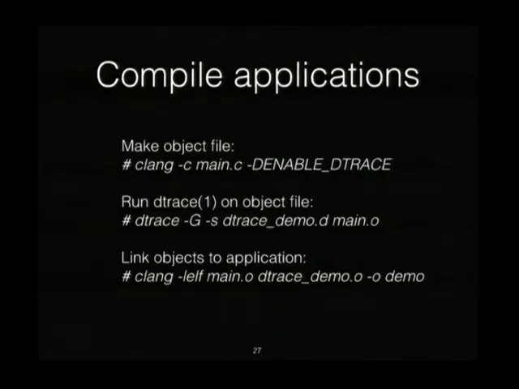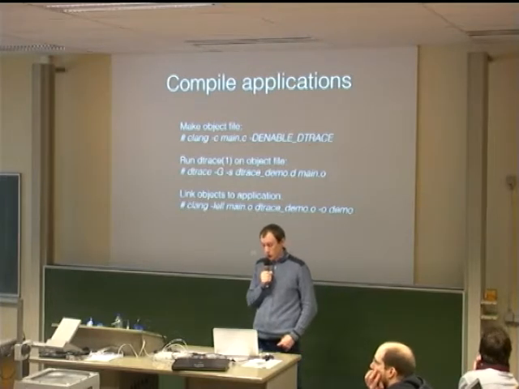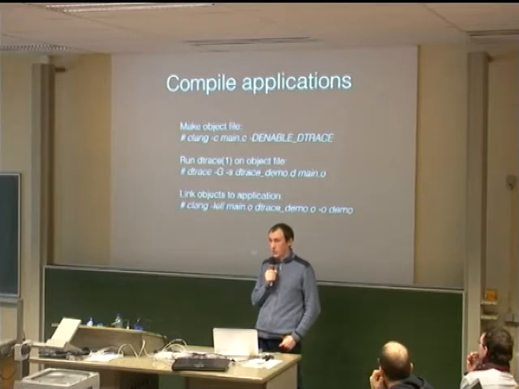Compile applications as defined by the system. If you use FreeBSD, Solaris, Linux, NetBSD, or Unix, you will need to run DTrace to generate an object which will attach to your bytecode in a section in your binary, which will load in the kernel when you run the application.